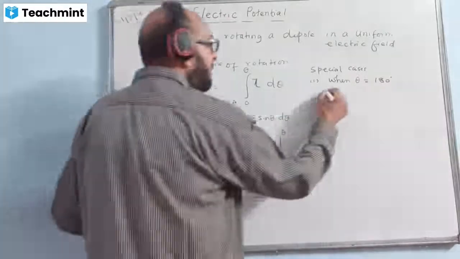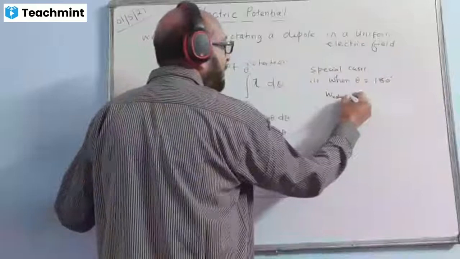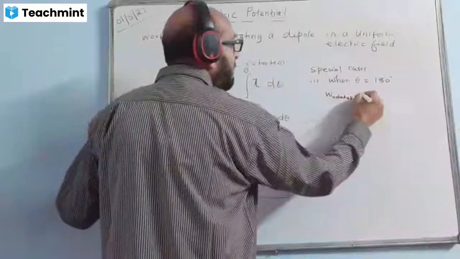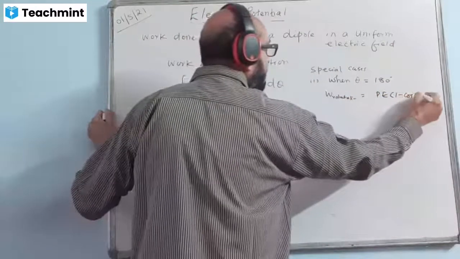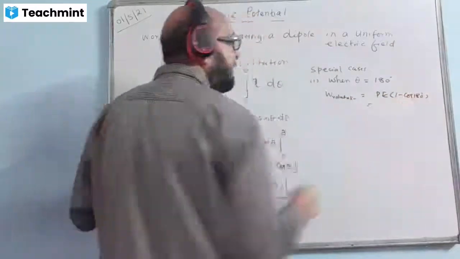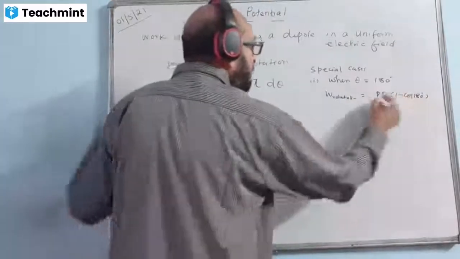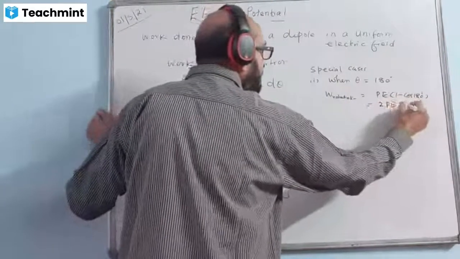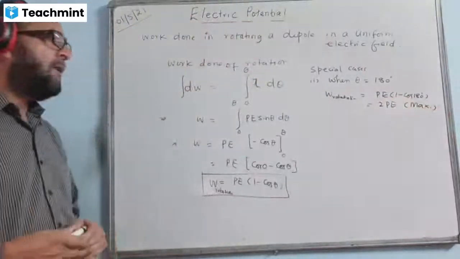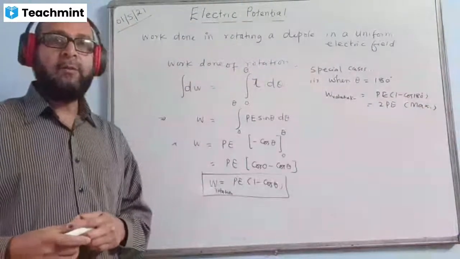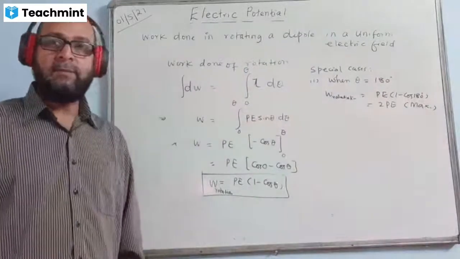We check. W of rotation will be equal to PE bracket 1 minus cos 180 degree. Cos 180 degree is minus 1, so minus becomes plus 1, so 1 plus 1 becomes 2. This becomes 2PE, and this will be the maximum value of work done when a dipole is rotated from 0 degree to 180 degree.